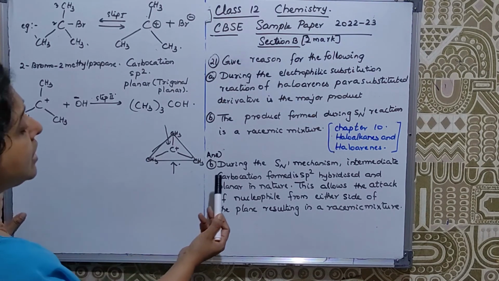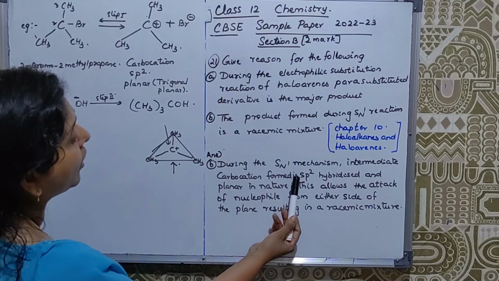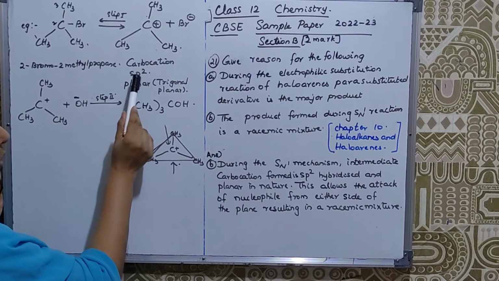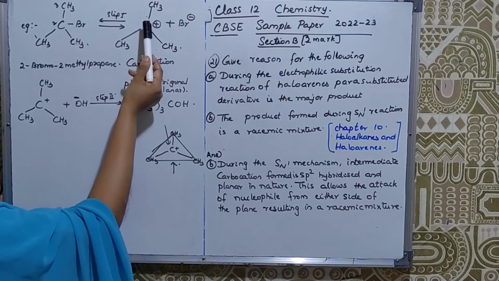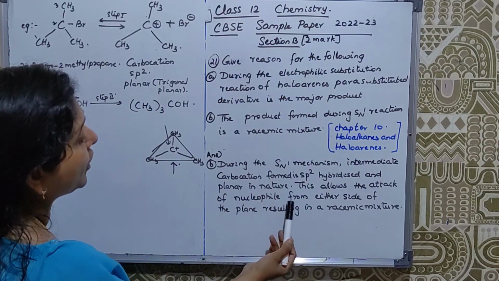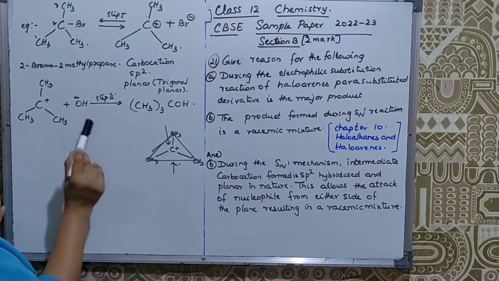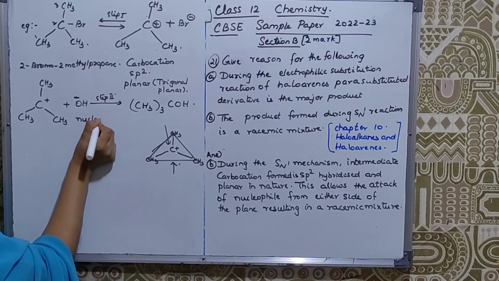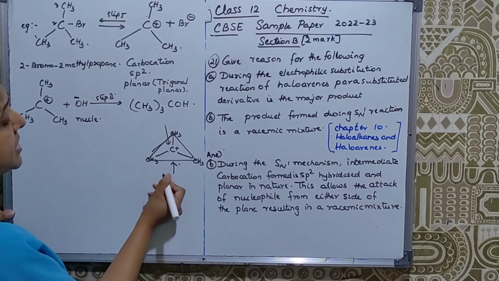So you wrote: during the SN1 mechanism, the intermediate carbocation formed is sp2 hybridized and is planar in nature. This allows the attack of the nucleophile from either side of the plane, that means from the top or from the bottom, this OH minus, which is a nucleophile, can attack that planar structure, resulting in a racemic mixture.